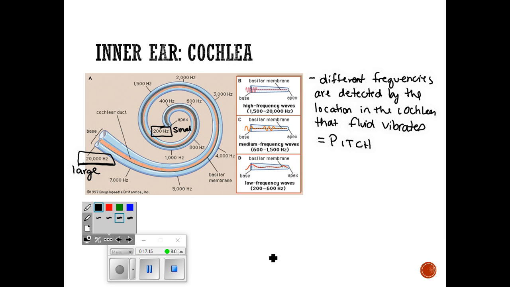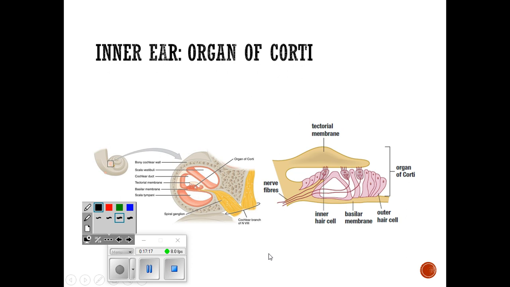So we're going to continue looking inside of this structure, but now we're going to zoom in even a little more. We were just looking at what I say is the snail shell structure. If we were to take a little section of that structure, we would see what we have here. And then this piece in the middle here is what we're zoomed in on there. Now you don't have to know all of these terms, so I'm going to highlight the ones that you do need to know.